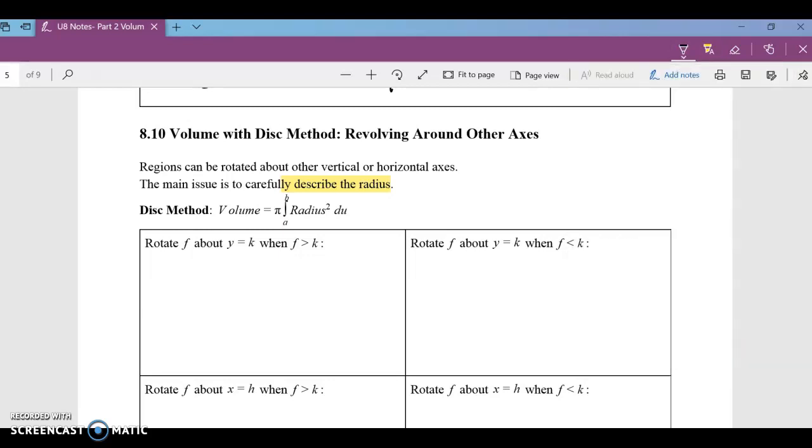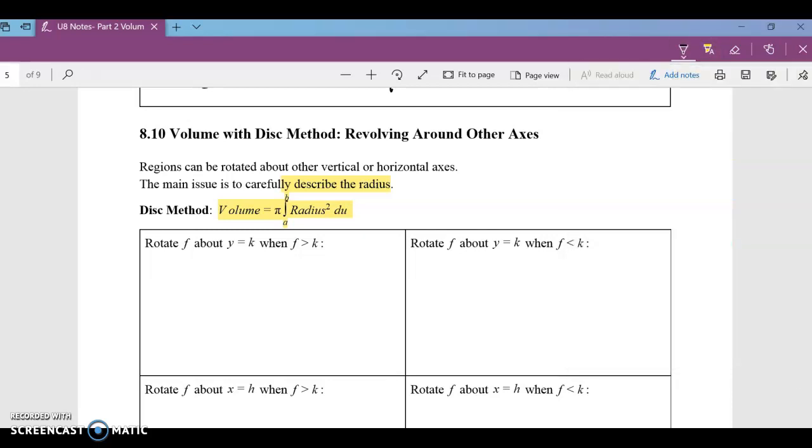Remember that your volume formula is pi times the radius squared times du. I wrote du here because I don't want to describe it as dy or dx. It just depends on the orientation. So you have to remember that basic setup for the disk method.